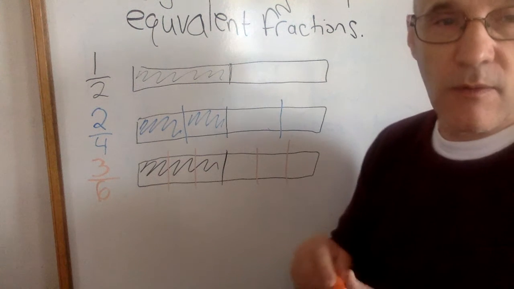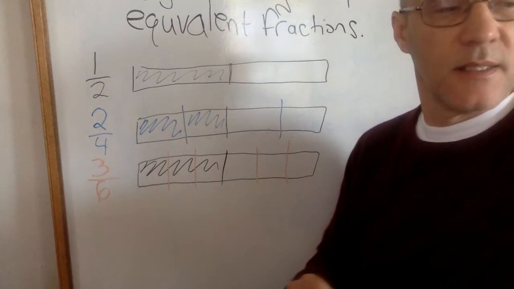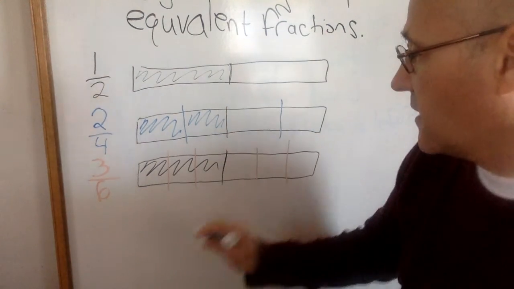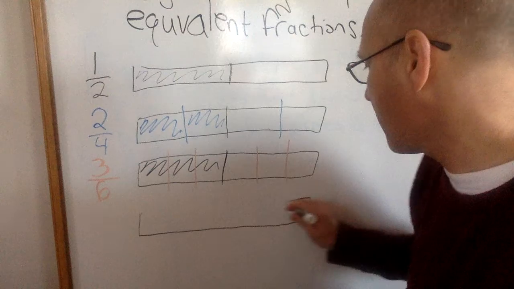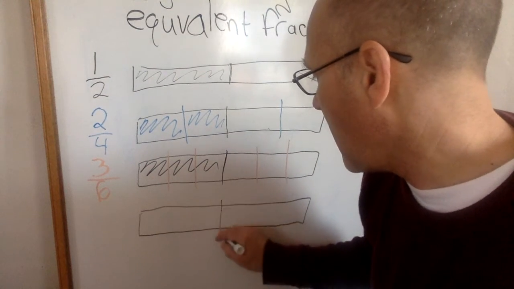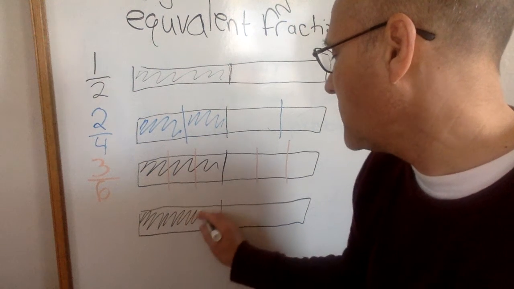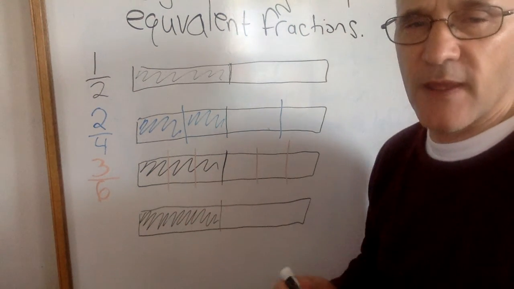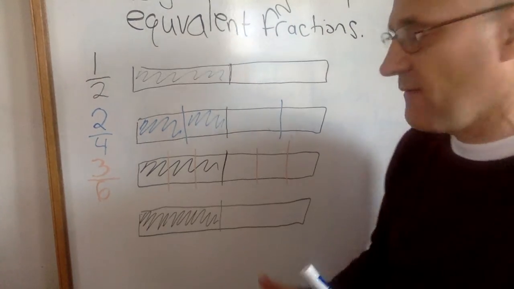Let's take a look at one more using the fraction bars. Taking halves, 1/2, and I'm sure at home you can think of a whole bunch of different fractions equivalent to a half.